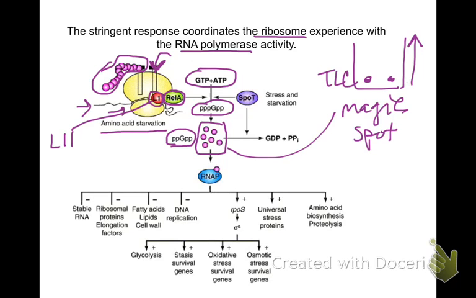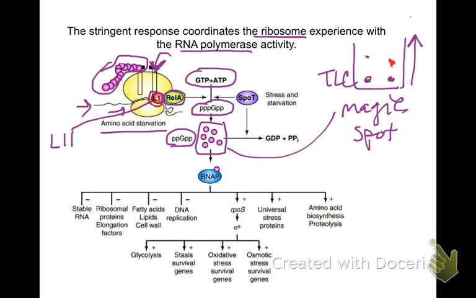These were, by the way, radioactive samples, and they would see a couple of spots up here in the normal sample, and if I switch to a different color, they saw a different spot that appeared in the cells that had been starved. So they called it magic spot, and of course they figured out structurally what it was.